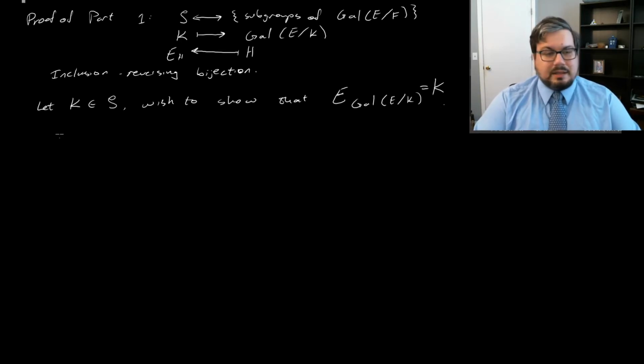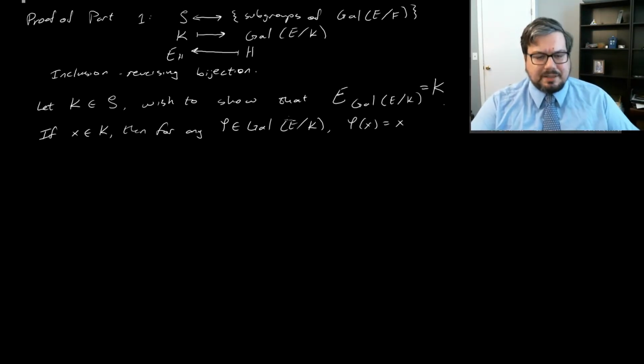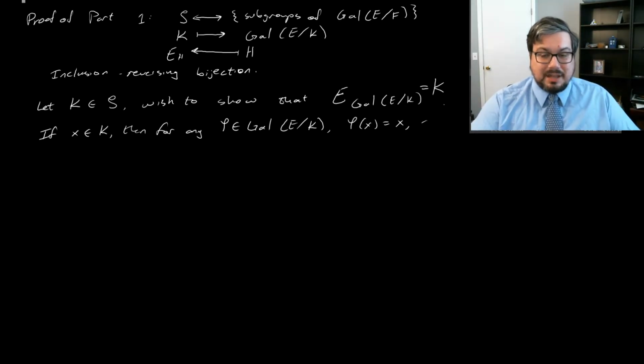So let's do this. If x belongs to K, then for any phi in the Galois group of E over K, we have that phi of x equals x by definition. The Galois group of E over K contains all the automorphisms of E that fix all the elements of K. So if x belongs to K, then phi of x is equal to x.